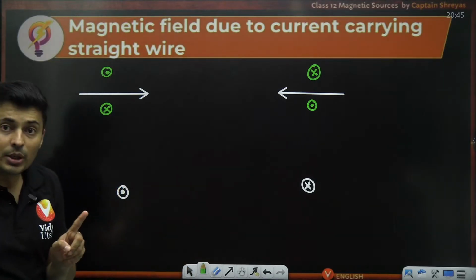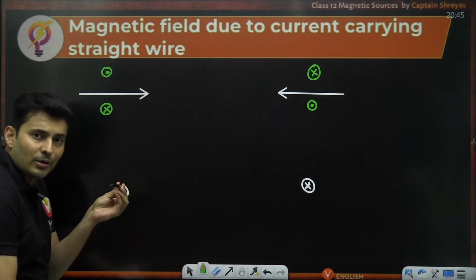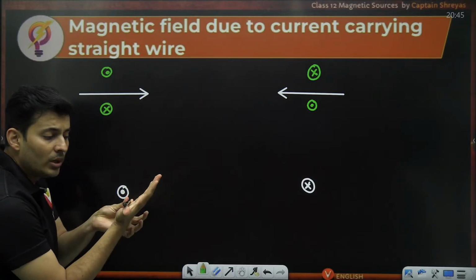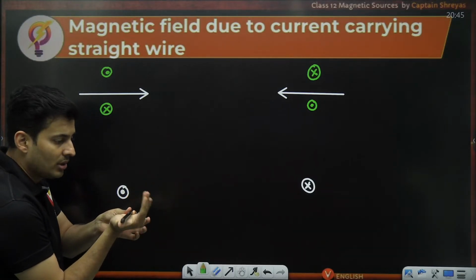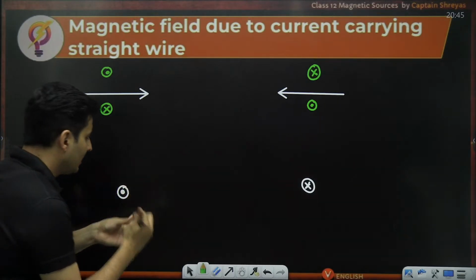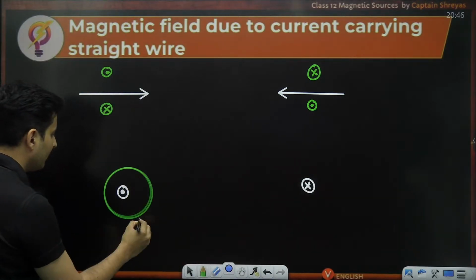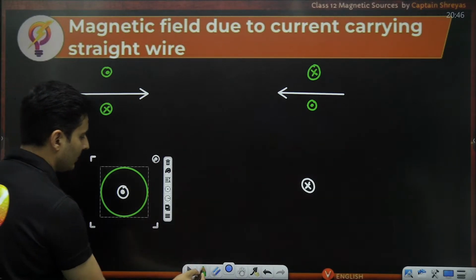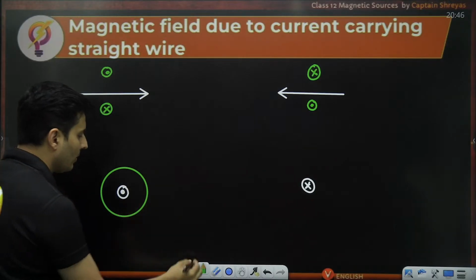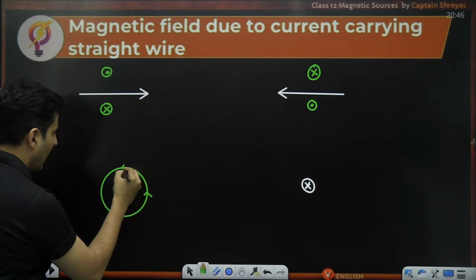What if this? Imagine the wire is coming towards you. So imagine this is the wire, the pen, and I'm holding my thumb in that direction. So the fingers will go like this. That means the magnetic field will be in this direction. So it is in the anti-clockwise direction, as you can see.